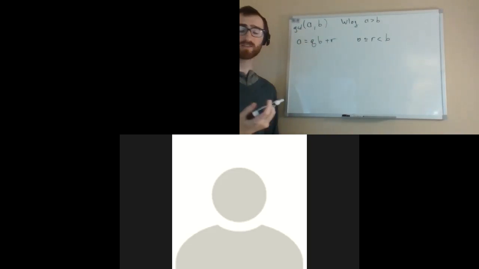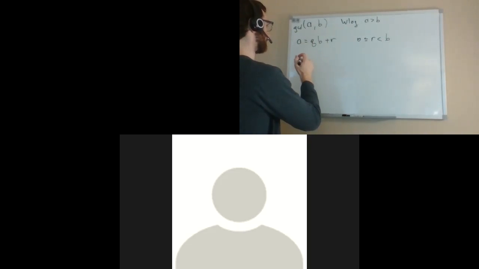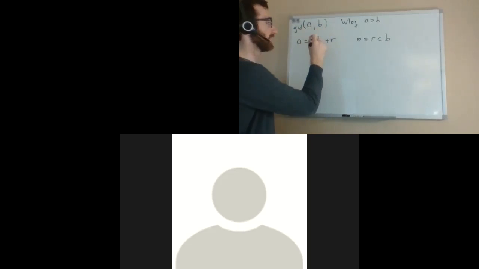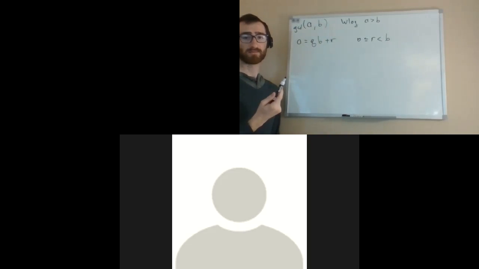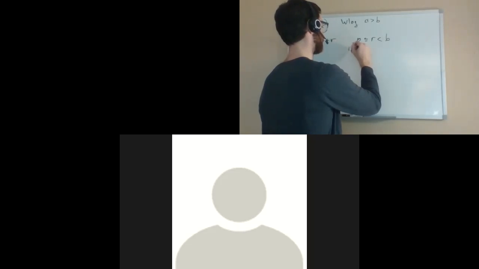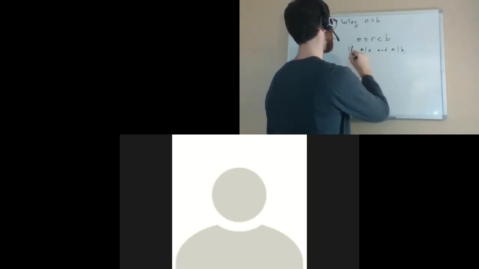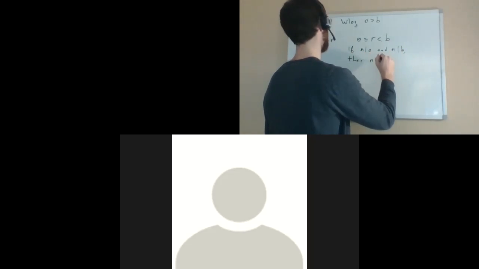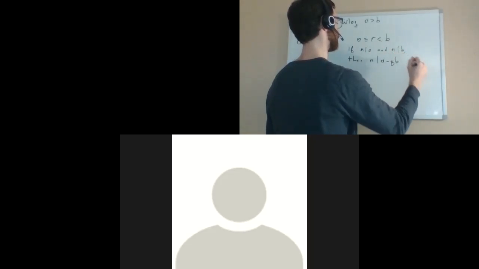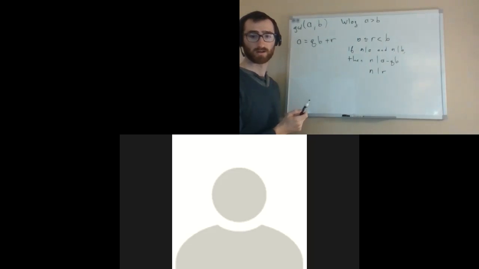If n divides a and n divides b, then n divides a minus qb, which means n divides r. So the GCD of a and b divides r.